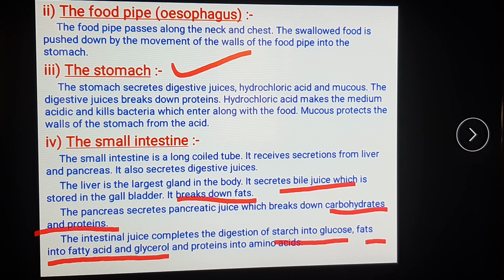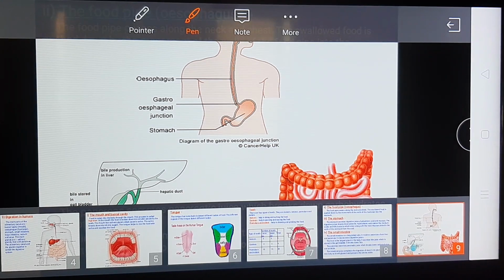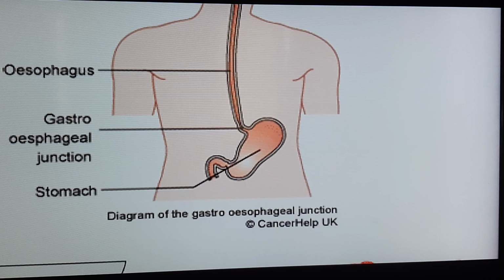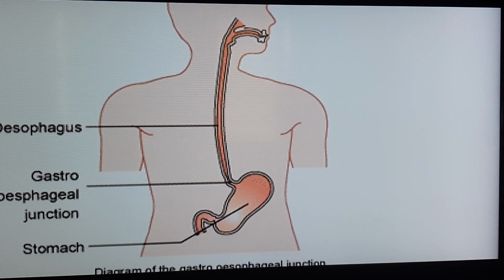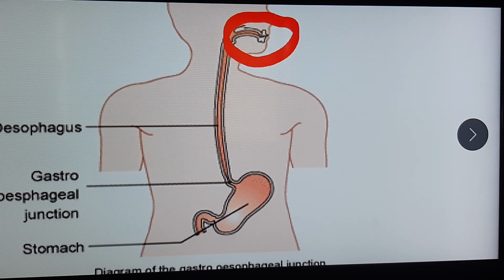Next point is, here in the diagram you can see all the parts are shown. Again I will explain to all of you. This is the buccal cavity or mouth.